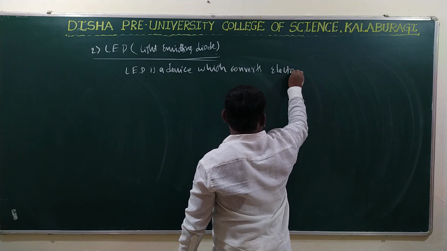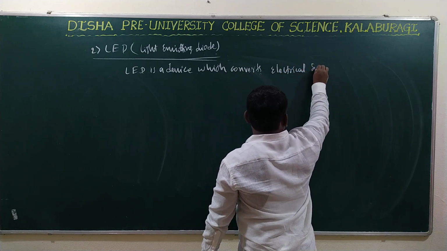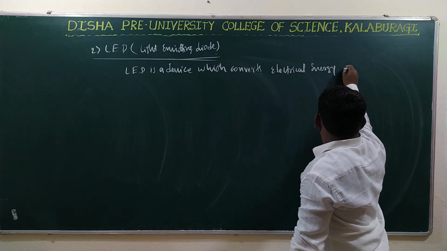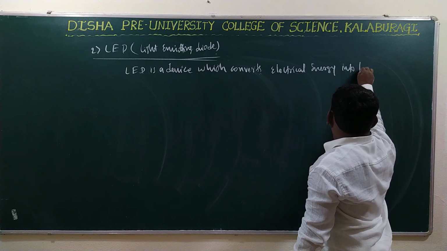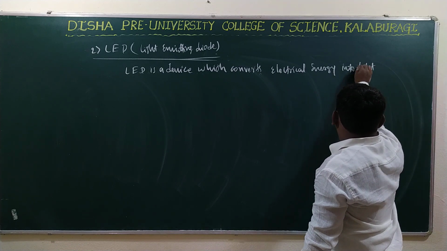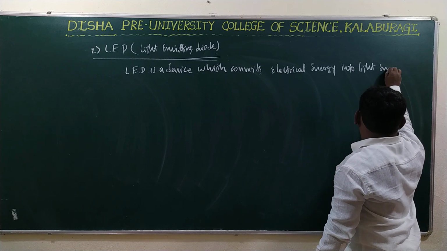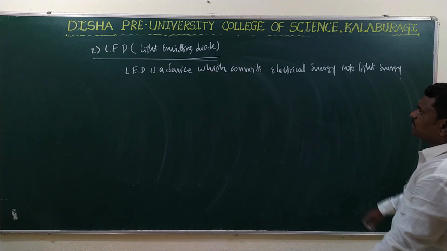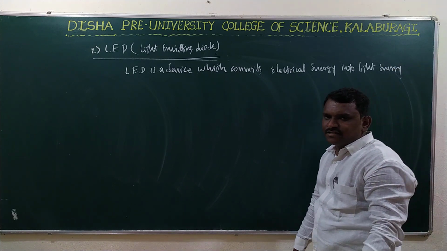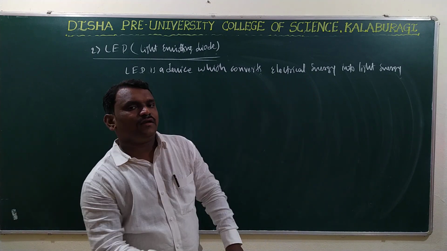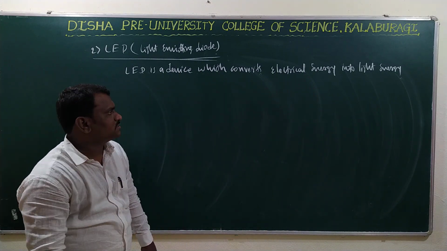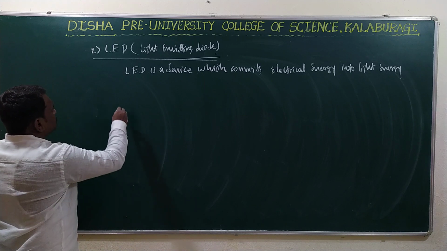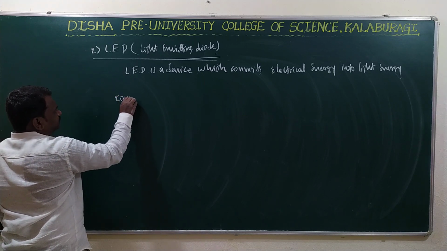It converts electrical energy into light energy. LED is a device which converts electrical energy into light energy. Okay, next, the circuit symbol.